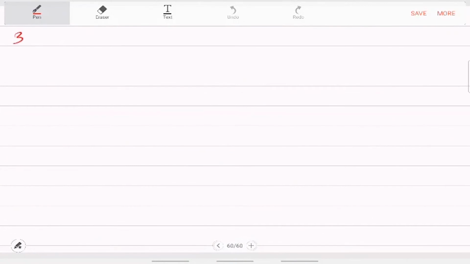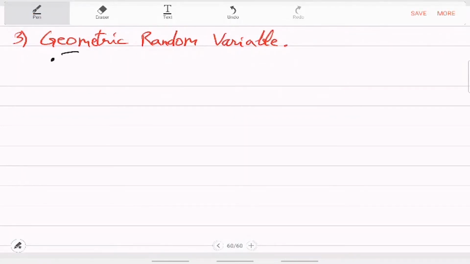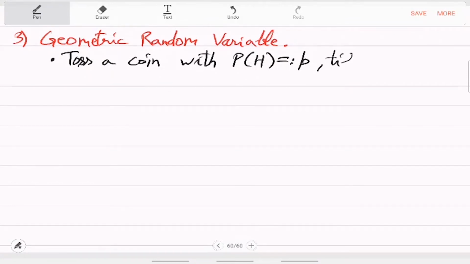Okay, third is the geometric random variable. So this is: toss a coin which is biased, with probability of head being p, till you get heads.